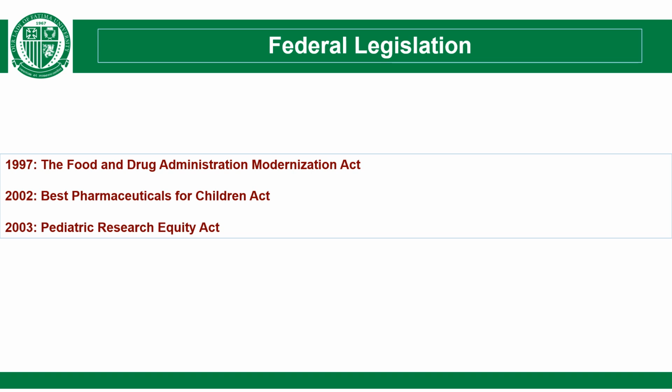And drug companies that plan to discontinue drugs must inform health professionals and patients at least 6 months before stopping the drug production.